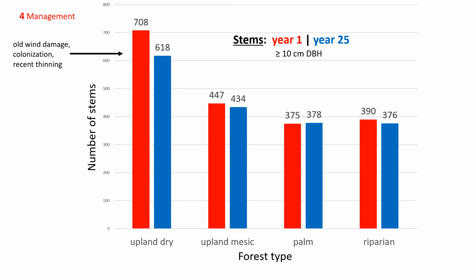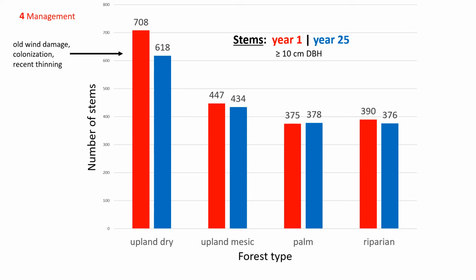But that created some big gaps. And by the time we got there, a lot of secondary species had come into those gaps and were growing up. So there were somewhat more stems. And then when we came back 25 years after that, in 2015 or 2016, a lot of those secondary species had died. So the number of stems had died back.